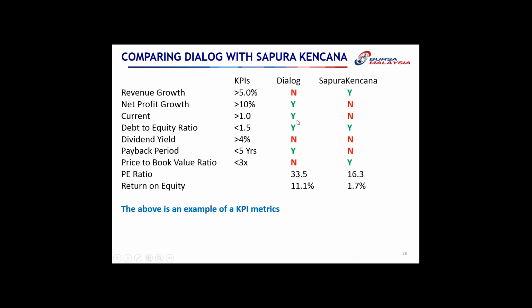The current ratio is already showing a concern because Sapura Kencana cannot meet its current commitments. Now, when a company does not have enough current assets to meet them, later would be the company borrowing from the debt market to pay off certain debts that are due in the current period.